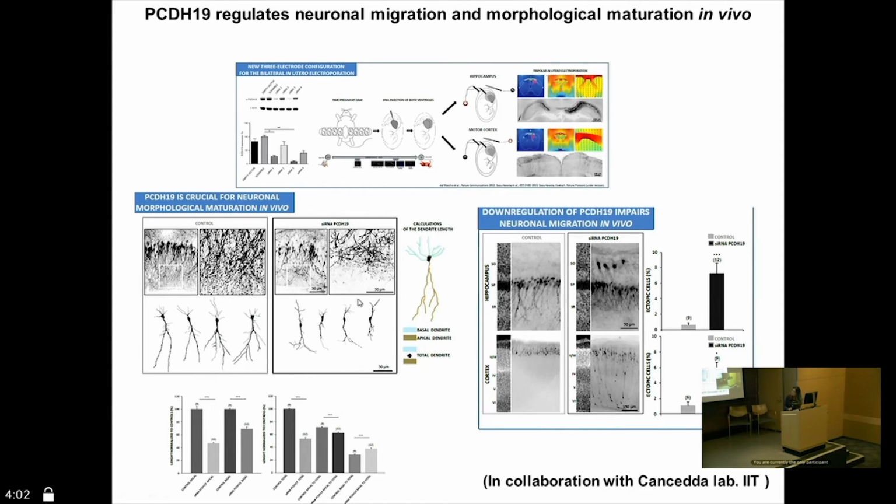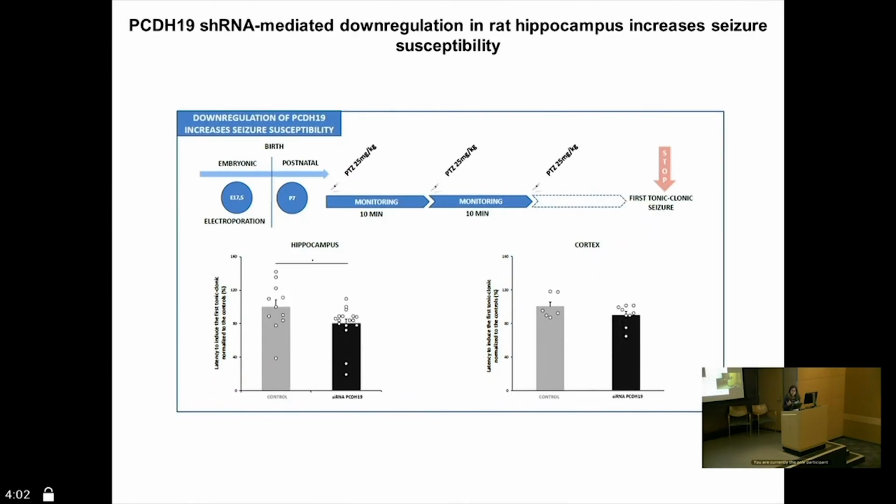She observed in cortex and hippocampus a defect in the arborization of the neurons, and also a defect in migration. But most interesting, she also found that the animals are more susceptible to seizures. The animals don't show spontaneous seizures, but if you stimulate with PTZ, you see increased seizure susceptibility.